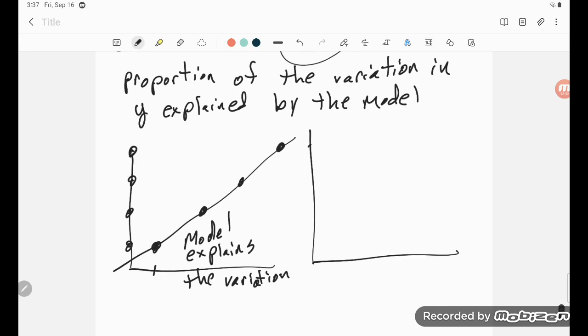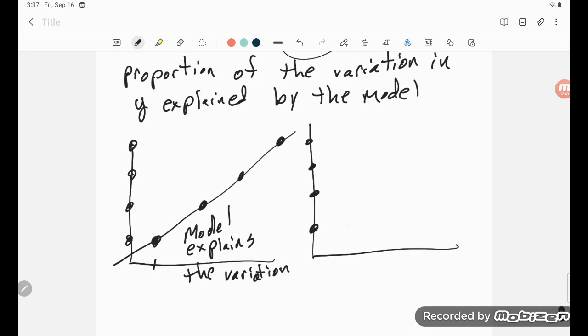On the other hand, I could have those same y values, and in this case it could be that that one goes with the first x value, this one goes with the second x value, this one goes with the third x value, and this one goes with the fourth x value.